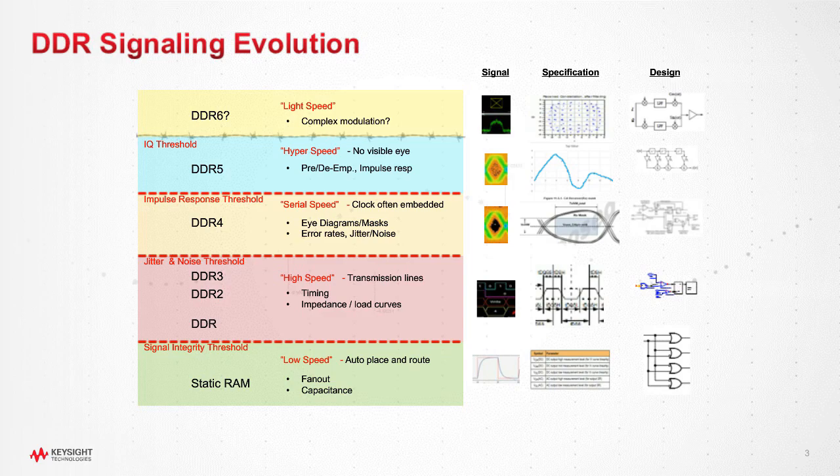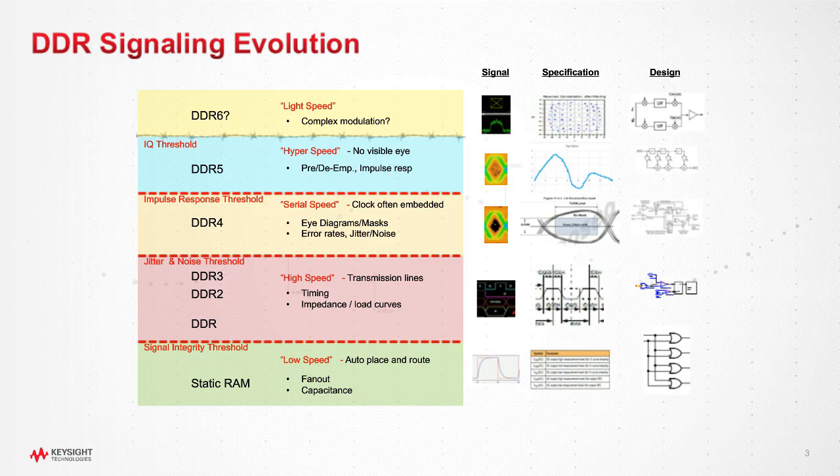Now, that's been proven and has been used now in memory for a few years, and for even longer, as I said, in areas like PCI-Express and USB. But to go faster than 3.2 gig, which is the goal for the next generation memory, it's quite likely that this eye is going to close.